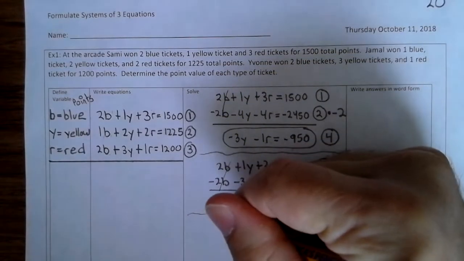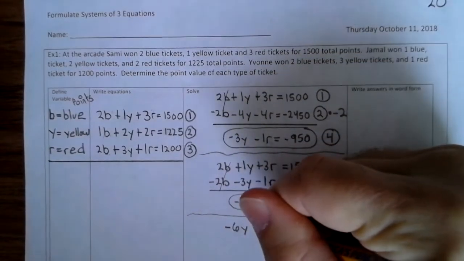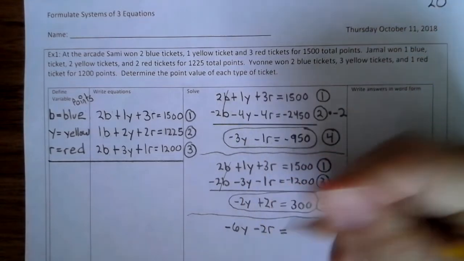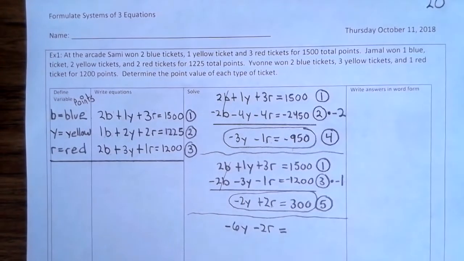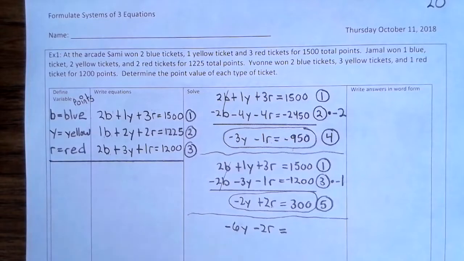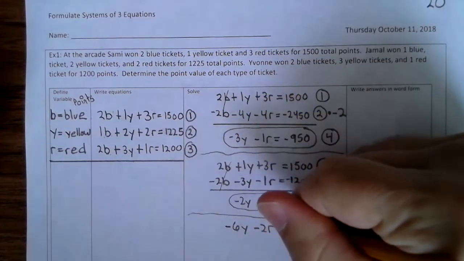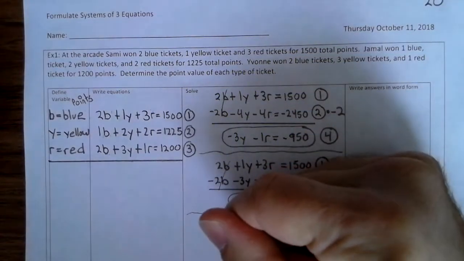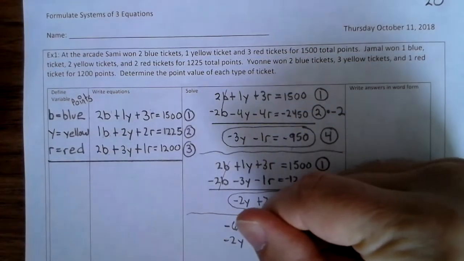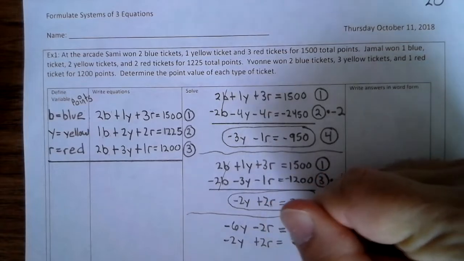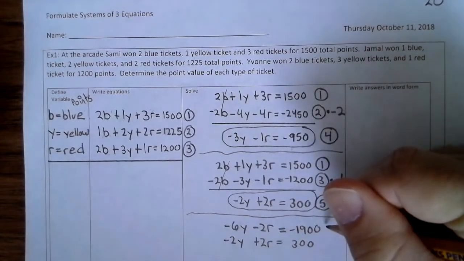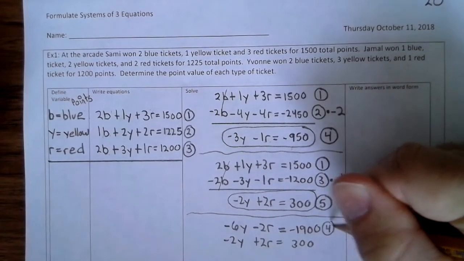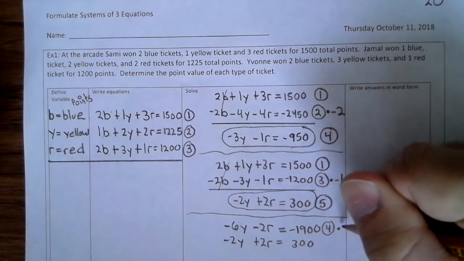So that's negative 6y minus 2r equals negative 1900. And then we have negative 2y plus 2r equals 300. I almost forgot, that's equation 4 times 2.